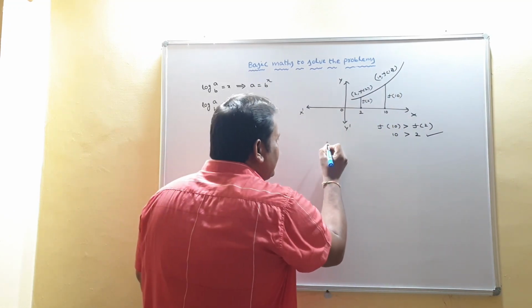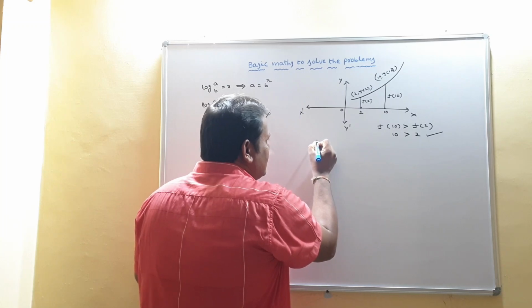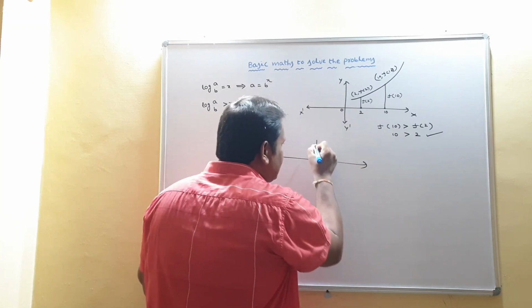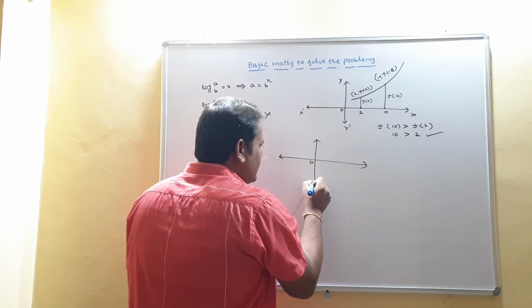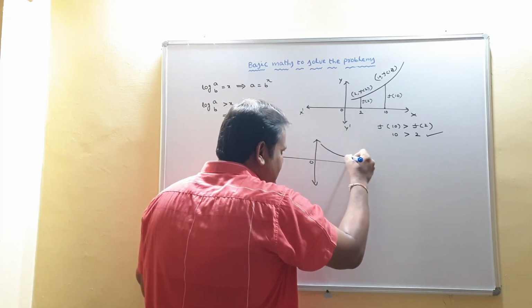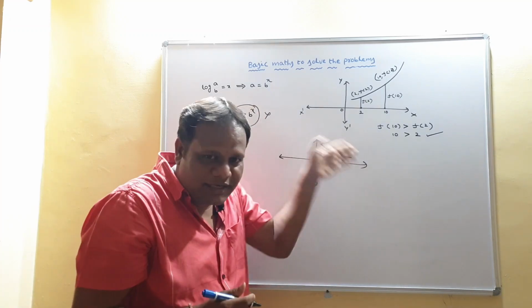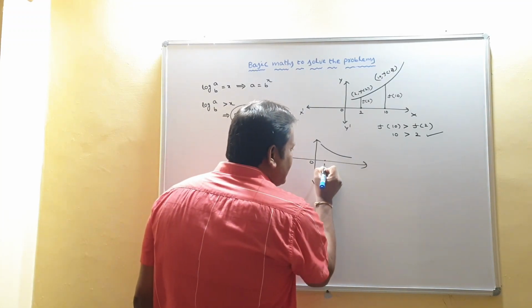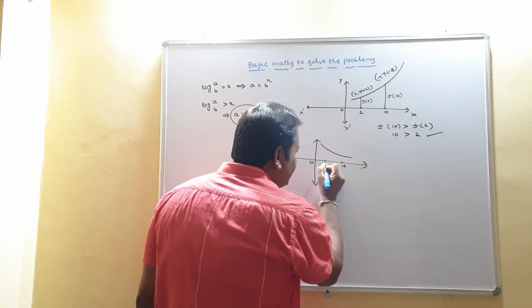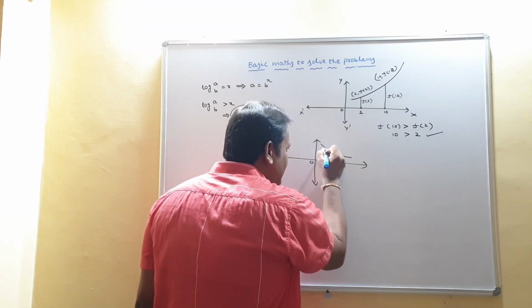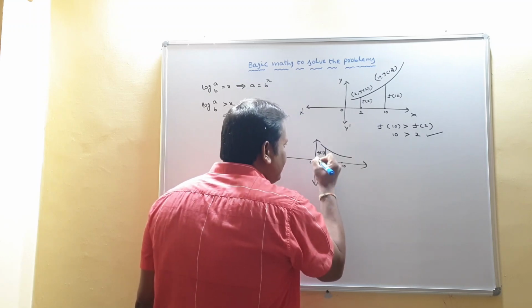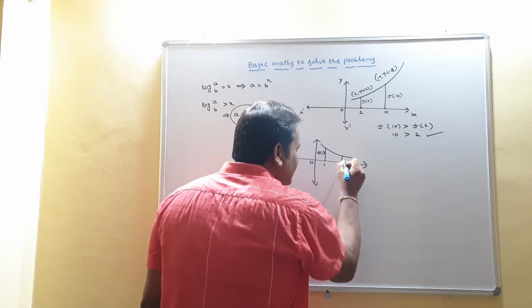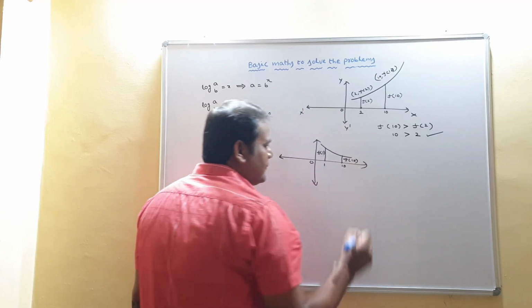Suppose I am taking one decreasing function. Decreasing function in the sense, see here, suppose the graph of one function is like this. Is it a decreasing curve or not? Yes, it is a decreasing curve. Suppose I am taking this as 1, and here this is 10. At 1, what is the functional value? f of 1. At 10, what is the functional value? f of 10.